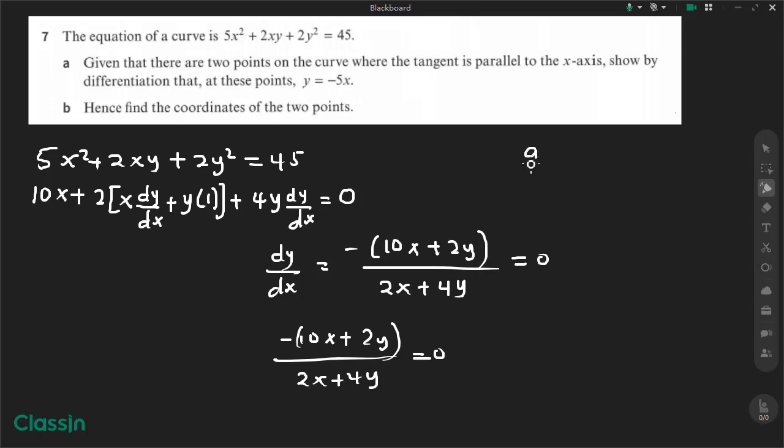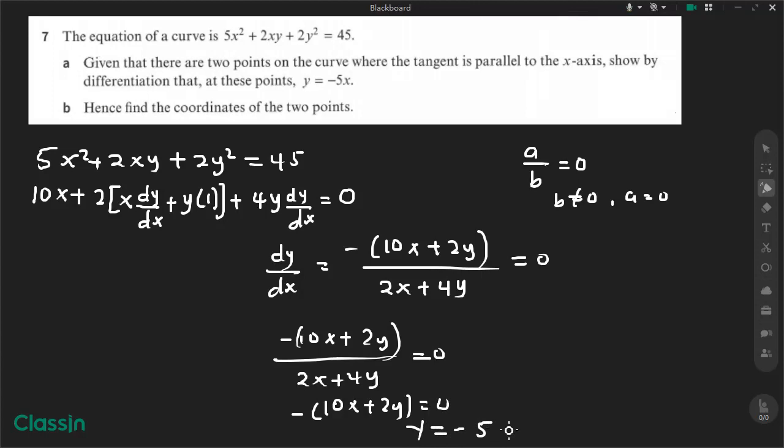If we divide two numbers and we get 0, it means one of the numbers must be 0. In this case, we know that the bottom can never be 0 because it's a denominator. So only the numerator can be 0. So only the top part, which is negative 10x plus 2y, can be 0. And clearly, y equals negative 5x. So we show from this equation that y equals negative 5x.